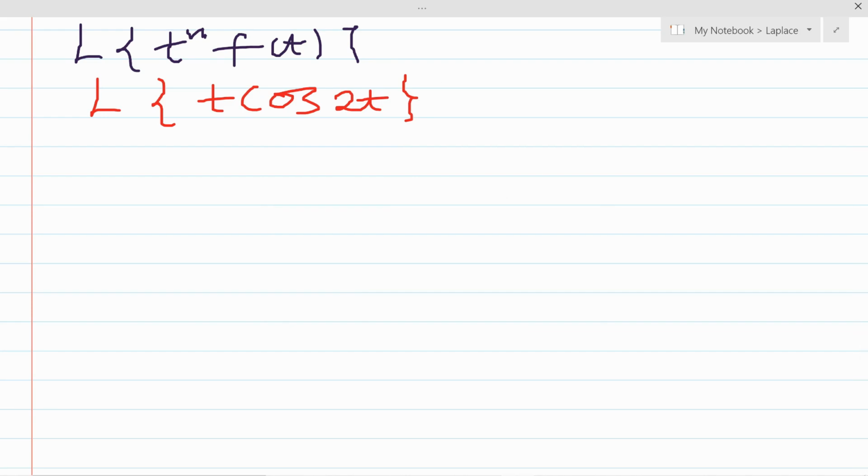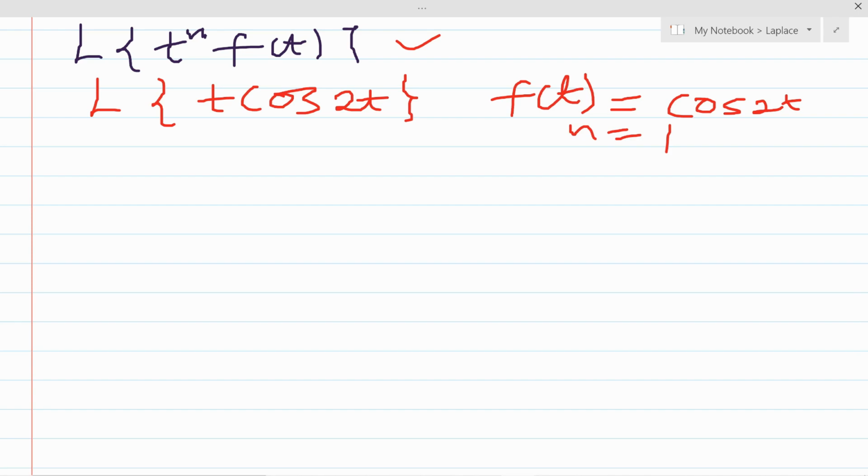So with this, what you do is identify your f of t in the question given, and that will be cos of 2t, comparing it to this one. Now you know that t is with the power of 1. That is why we have just t, so our n is 1.